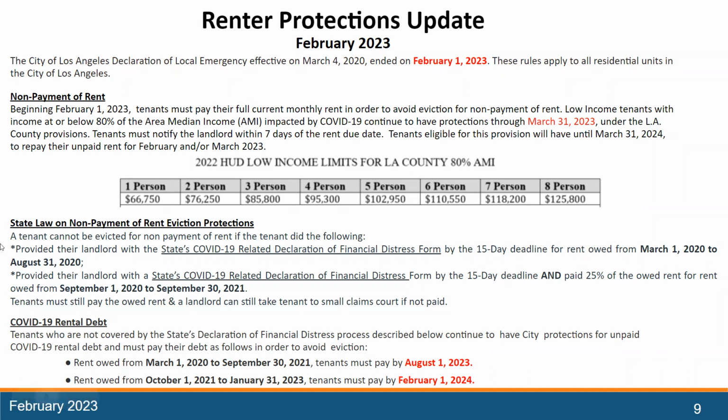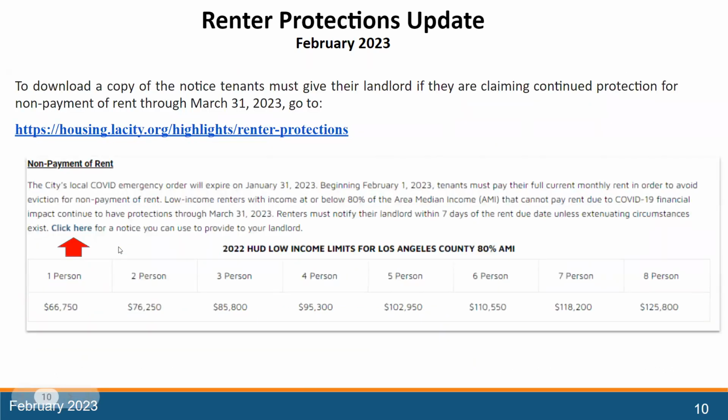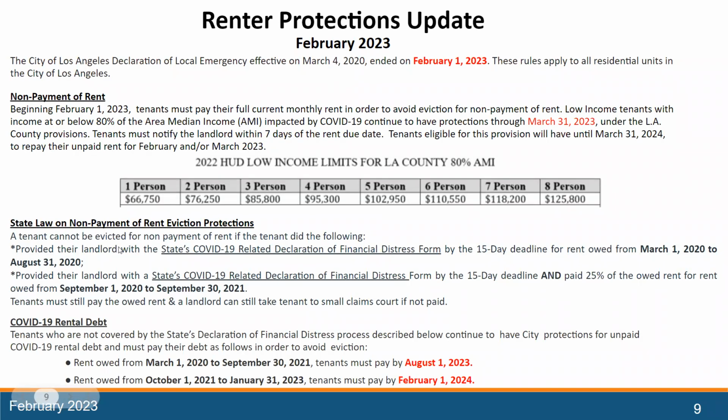Okay. Now, the second header will cover the state law provisions for non-payment of rent protections. There's certain requirements that had to have been met in 2020 or 2021 in order for a tenant to avail themselves of these protections.